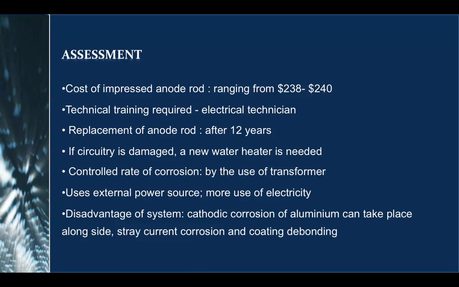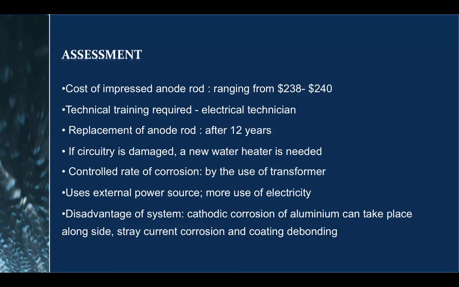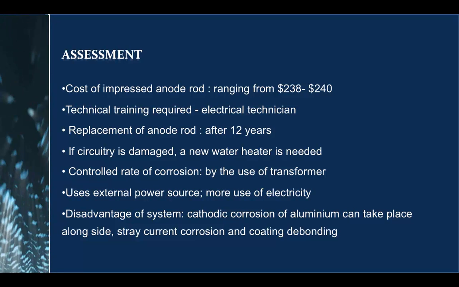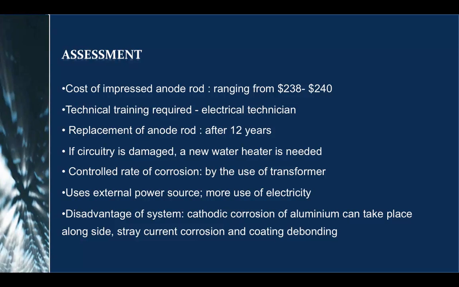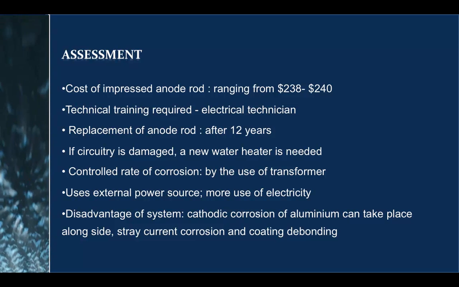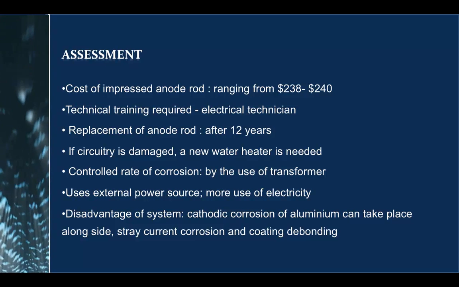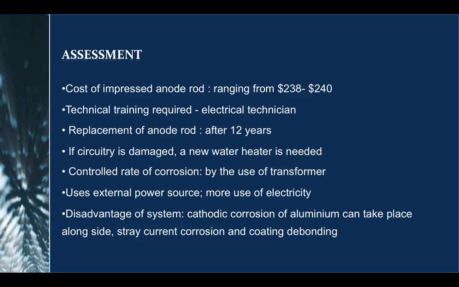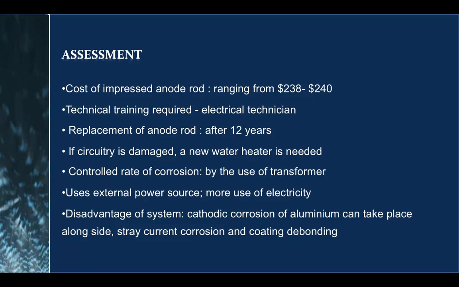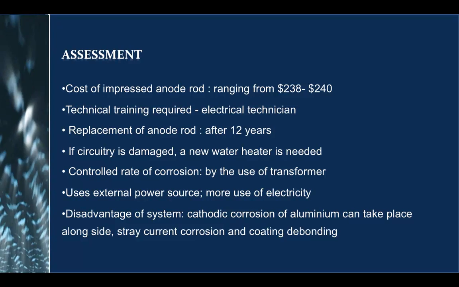And the transformer provides a controlled rate of corrosion, and it uses external power sources where more electricity is required. The disadvantage of the system is it could bring about cathodic corrosion of aluminium, stray current corrosion, and coating debonding.